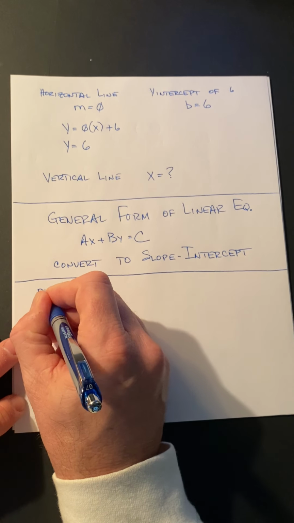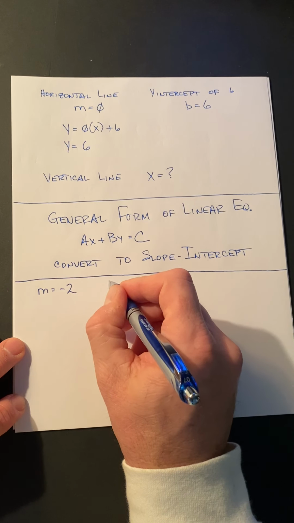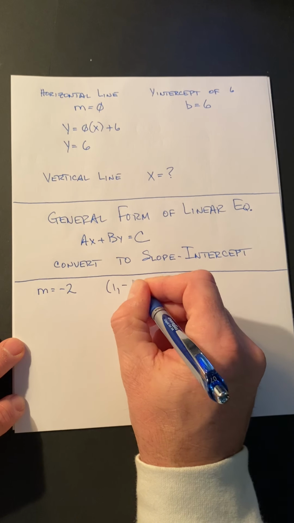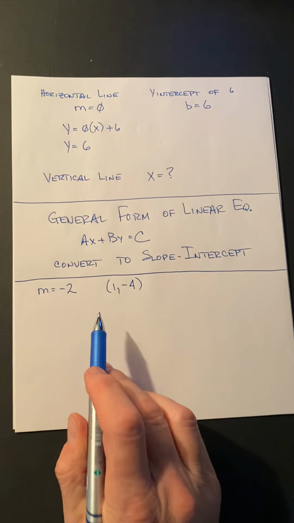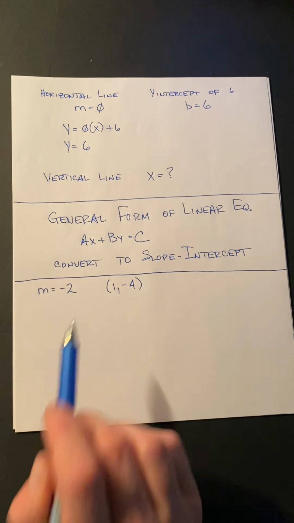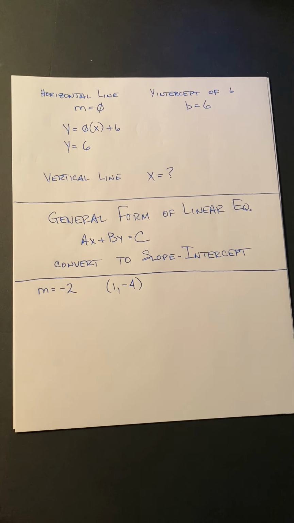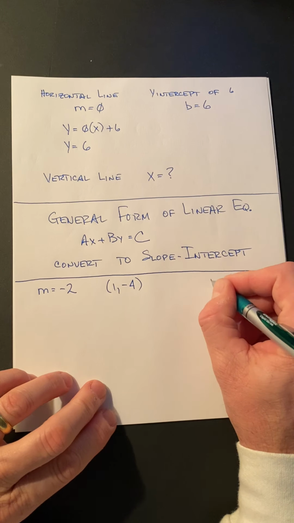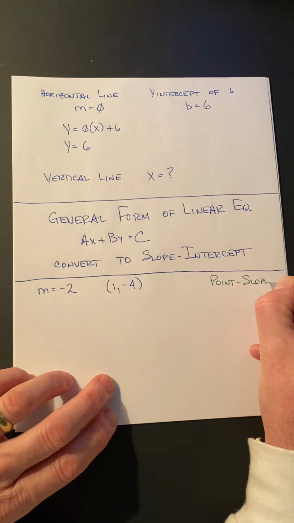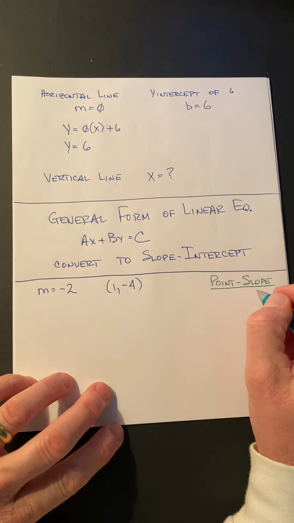Let's say I have a slope of m equal to minus 2, and I have a point here, 1 comma minus 4. There is a way from just that information to calculate the equation of my line, okay? And there's an equation, and it's called the point-slope form, okay? And we're going to figure out what that is.